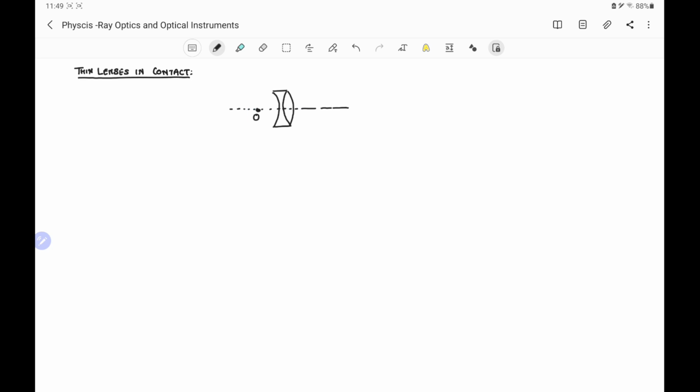A ray falls on the first lens, and because it is divergent, it diverges the ray. This divergent ray appears to come from the point O dash on the principal axis. This divergent ray falls on the convex lens, which is a convergent lens, and it converges the ray, and the ray meets the principal axis at the point I. This I is the image of the object O.